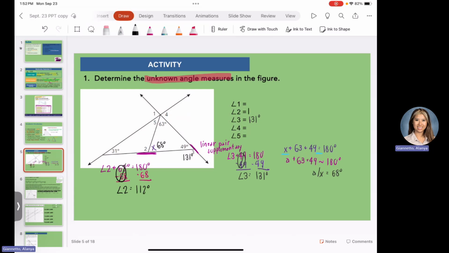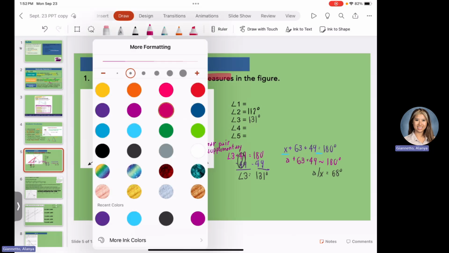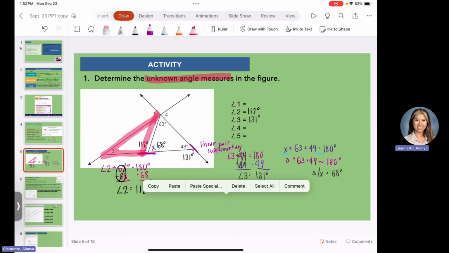Okay, so then we have 112 right here. Now that we have angle 2 is 112, we can use that in the triangle sum theorem to figure out angle 5, because we know that all the angles on the inside of this left triangle have to add up to 180. So I'm going to say 31 plus 112 plus angle 5 is equal to 180.